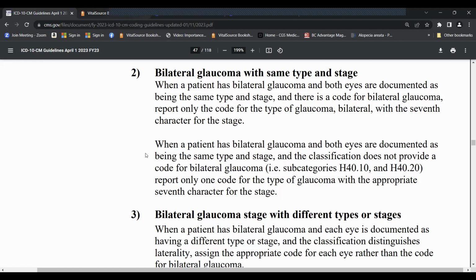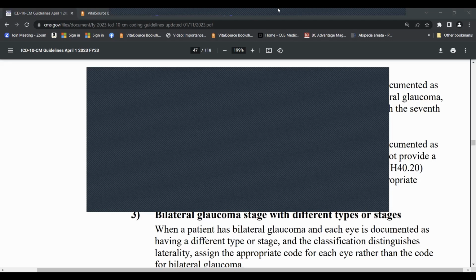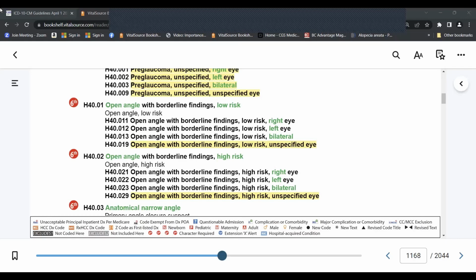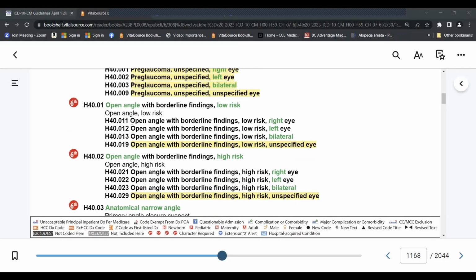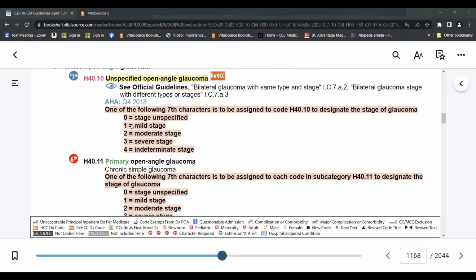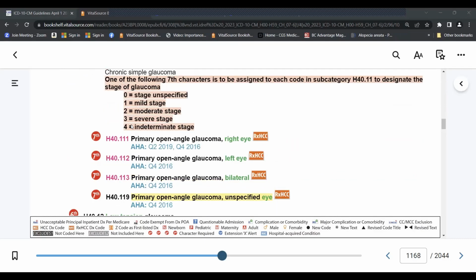So remember, the guidelines stated if it was bilateral and it was the same type of glaucoma and the same stage of glaucoma, that we should use one code for that.